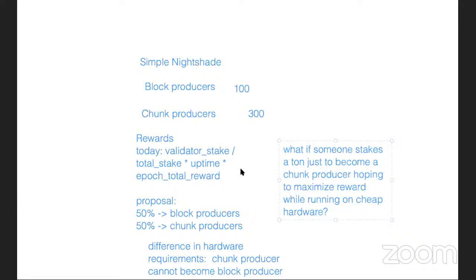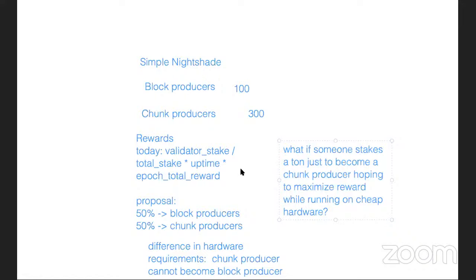One idea to mitigate this, depending on how many shards we have: if we have a lot of shards, a chunk producer's reward can be calculated not from the overall reward but from the shard reward. Let's say we divide the reward into each shard equally, and then within the shard you calculate the reward based on stake or on the number of chunks you produce.